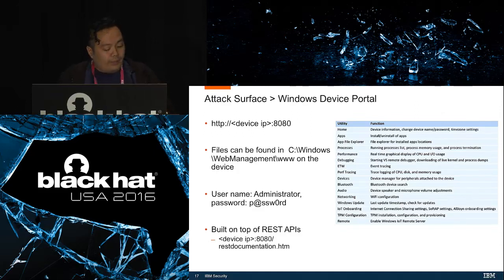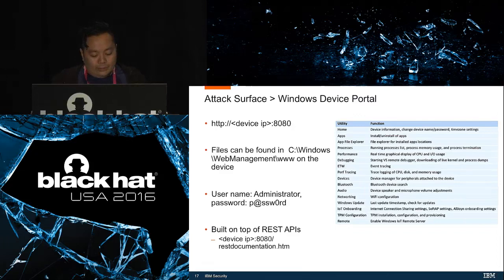It's enabled by default in Windows 10 IoT Core and runs upon device startup. And you can access it by connecting to HTTP, the device IP address, and port 8080. The files for the Windows Device Portal can be found in the C drive in the Windows Web Management www folder on the device itself.